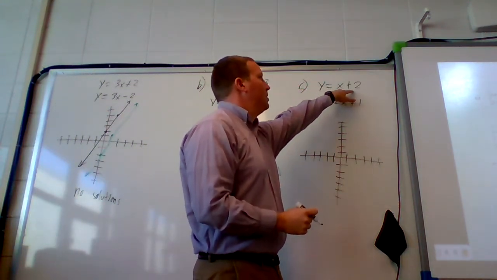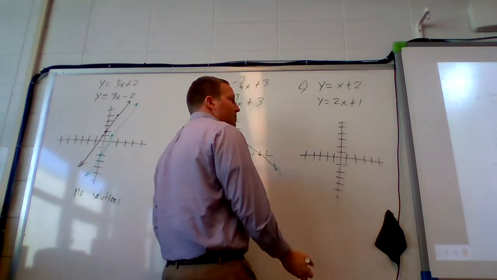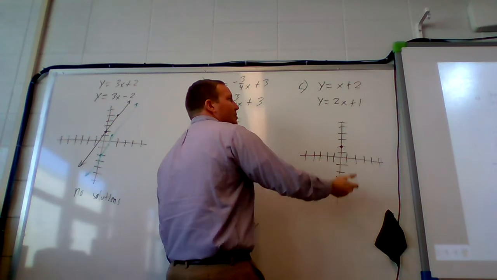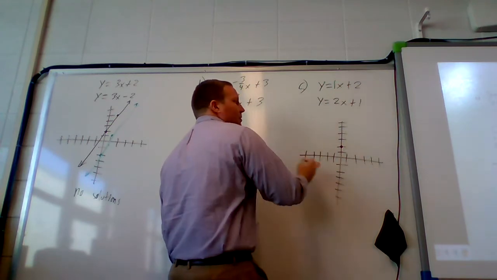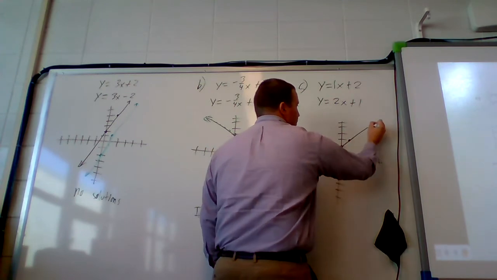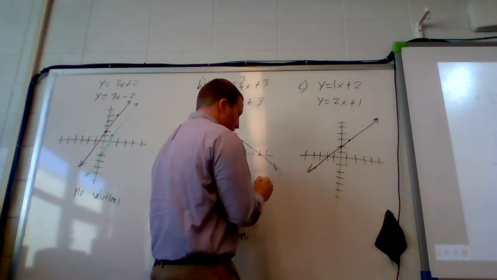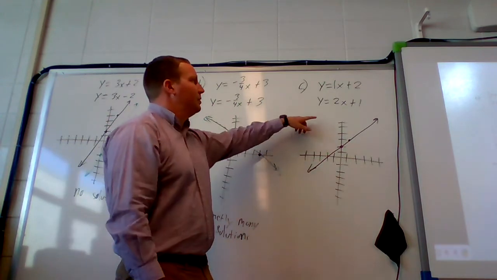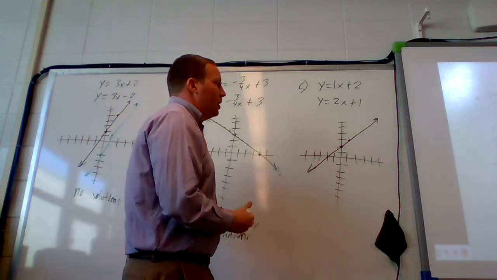So let's graph it. First one, y equals x plus 2, so we're at positive 2 on the y-axis. We have a slope of 1, so we're going up 1 over 1 each time. So there's my line. Our second equation, y equals 2x plus 1.